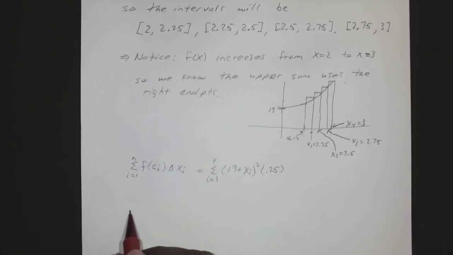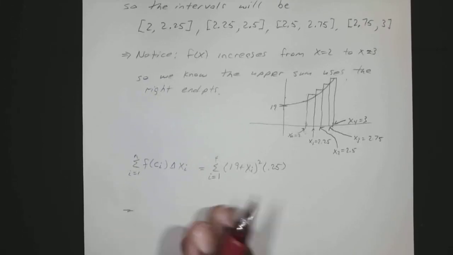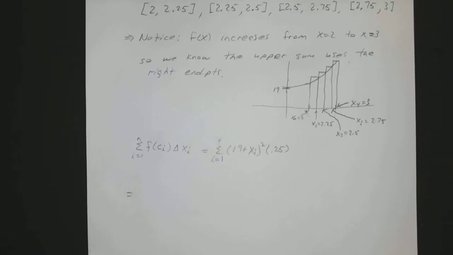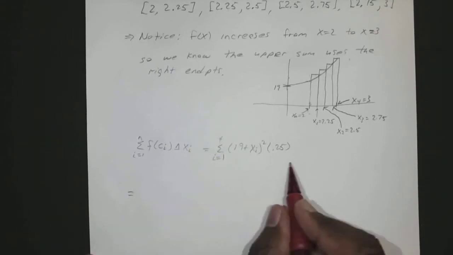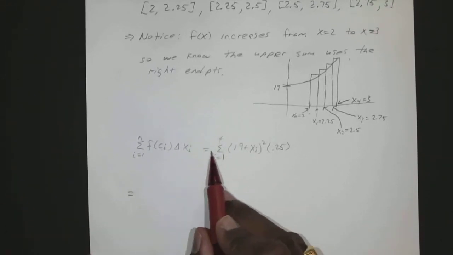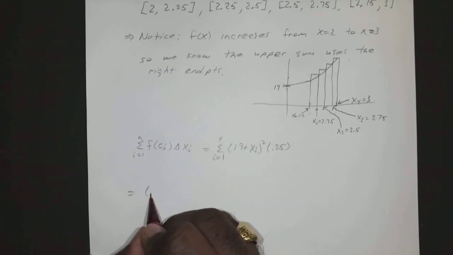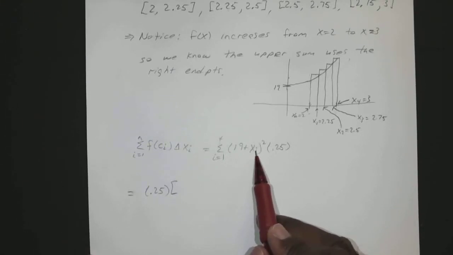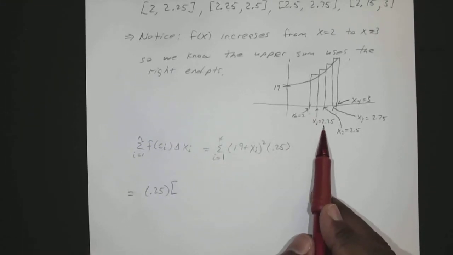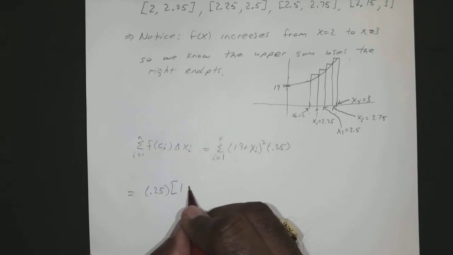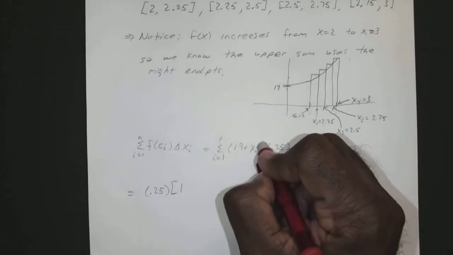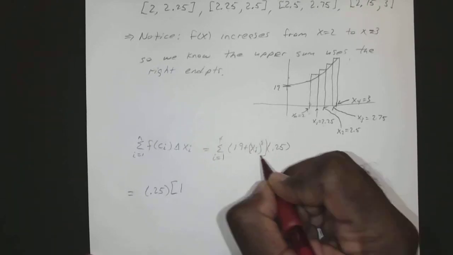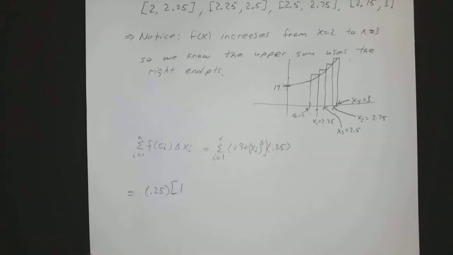Let me move that over a little bit because this is going to stretch out really fast. Our 0.25 is a constant, so we can bring it out to the front. Our x1, because we start at 1, is 2.25. So you have 19 plus... oh, this should not be squared. The square should be here, because the x i is squared, not the whole thing. Sorry about that.